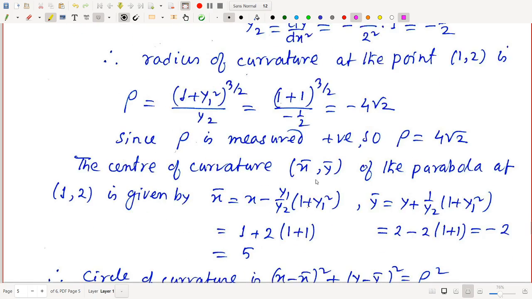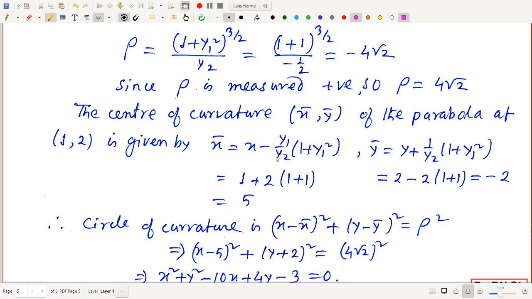The center of curvature (x bar, y bar) of the parabola at (1, 2) is given by the formula x bar = x - (y1/y2)(1 + y1²), y bar = y + (1/y2)(1 + y1²). Putting the values, the point is (1, 2), so x is 1 and y is 2.